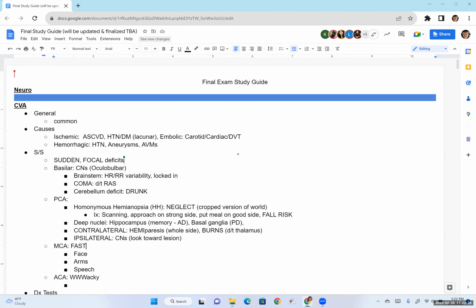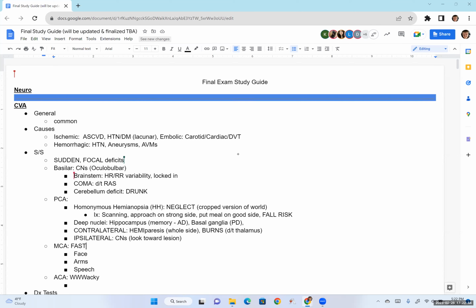Your optic nerve crosses right behind your nose, and then it takes an overnight stop in the temporal lobe. That's why MCA strokes can also have that finding, and then it ends up in the occipital lobe. So you can have half your vision loss.